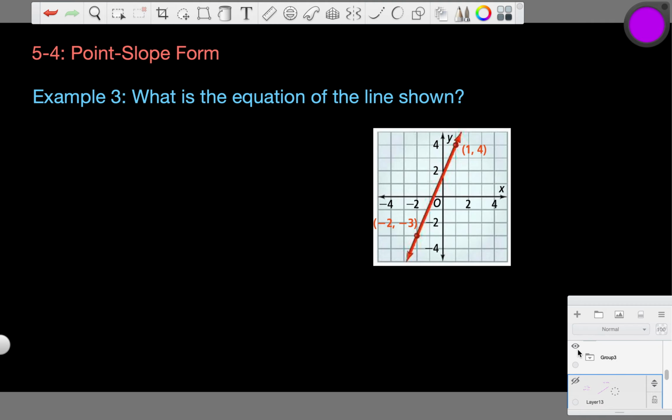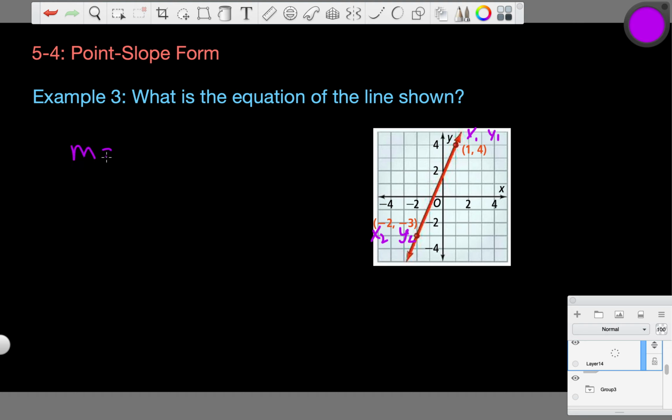So the next problem wants us to now take the graph of the line and find the equation. So you guys could count the slope, or you could calculate the slope using the slope formula using these 2 coordinate points. So that's what I'm going to do. So I'm going to label this point as x1, y1, and this as x2, y2. Okay?